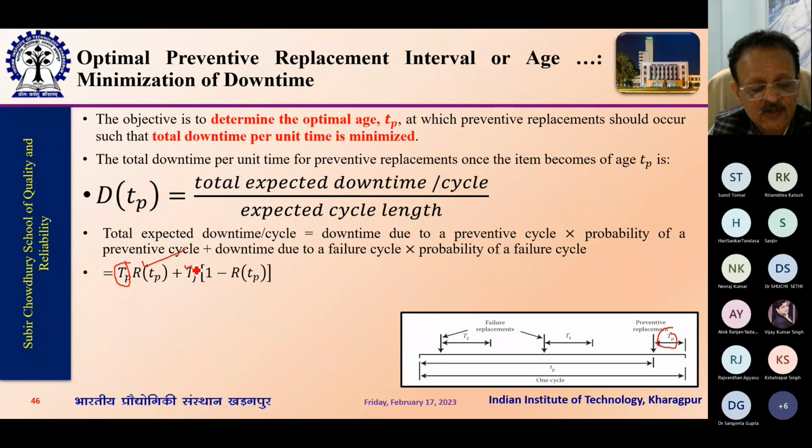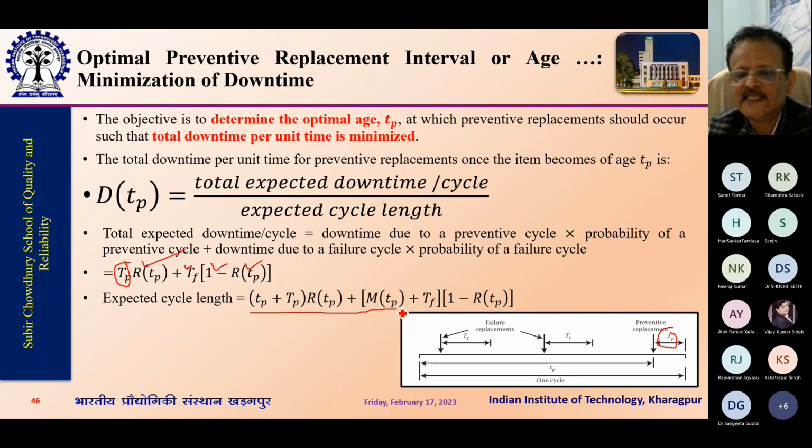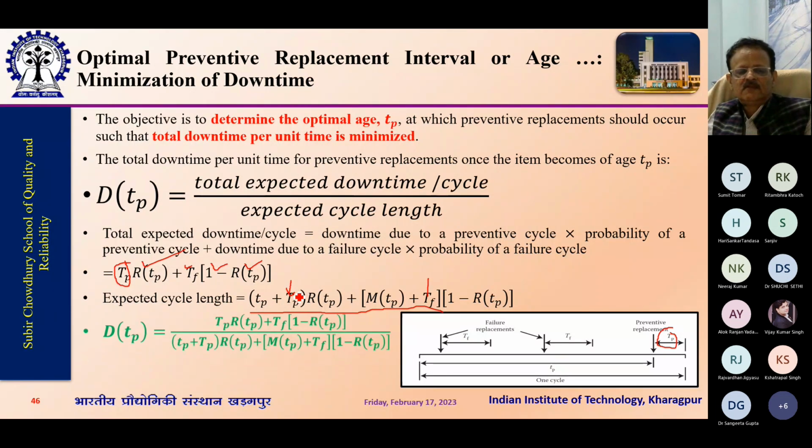If at all failure takes place, then the downtime associated with this failure replacement is TF, and the probability of failure of that item on or before TP. So this becomes your numerator, and the expected cycle length is as in the previous case, considering the time to do the preventive and failure replacement. Understood this, then you have got the model.